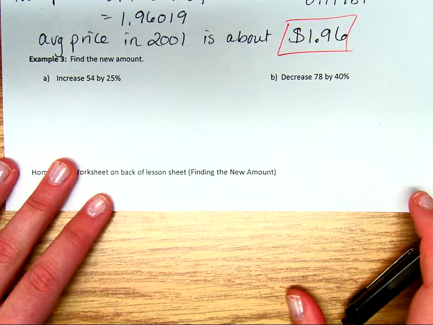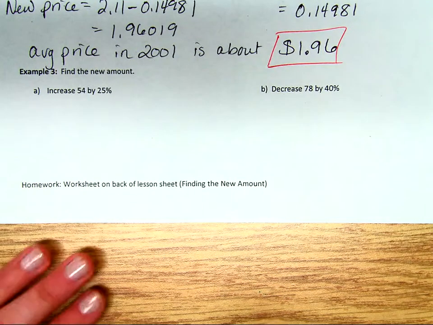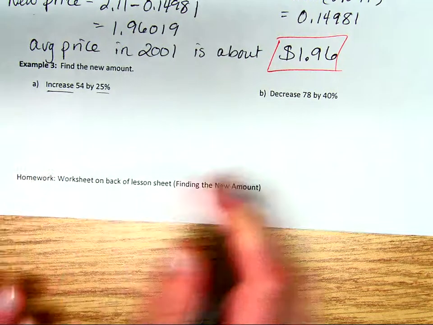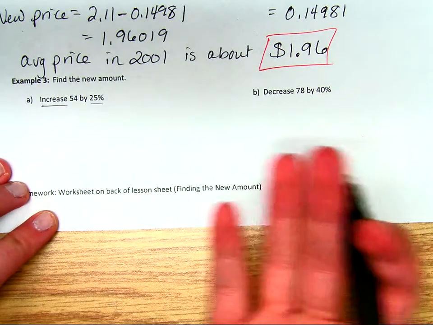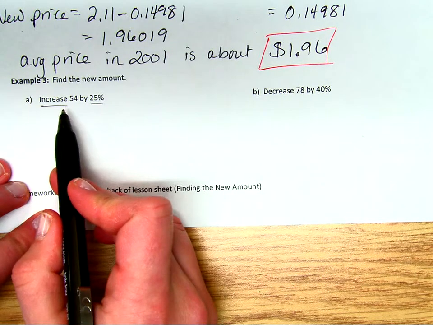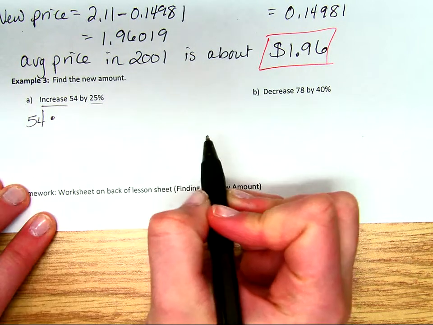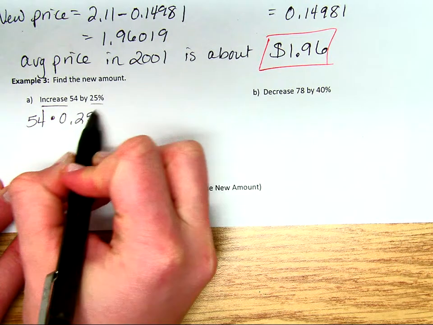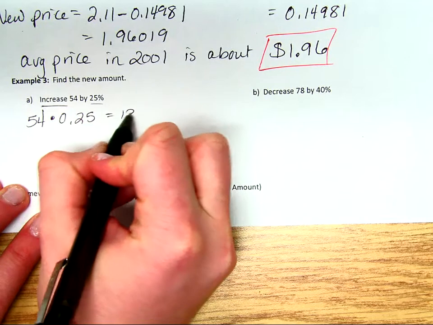Okay, so this just says find the new amount. It's not a history problem, but it's the same type of problem. So we want to increase 54 by 25%. So first I need to figure out what is 25% of 54. So I'm going to take 54, multiply it by 0.25, because that's 25% as a decimal, and I get 13.5.